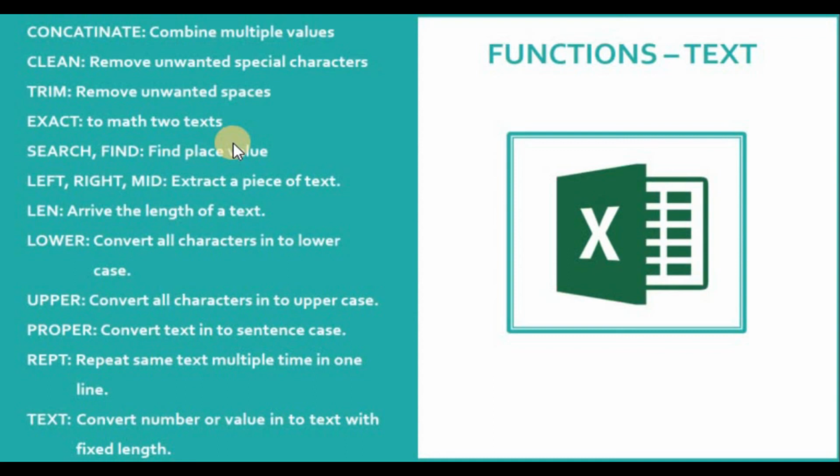PROPER is to convert text into sentence case. REPT is to repeat the same text multiple times in one line. TEXT is to convert a number or value into text with a fixed length.